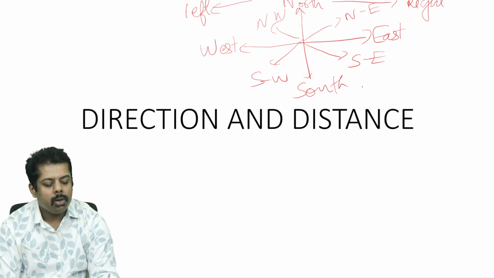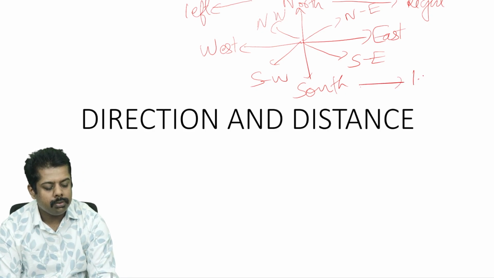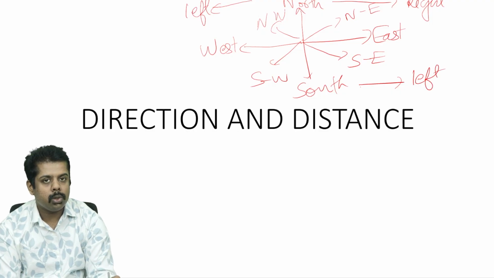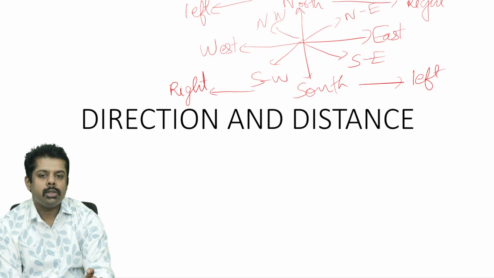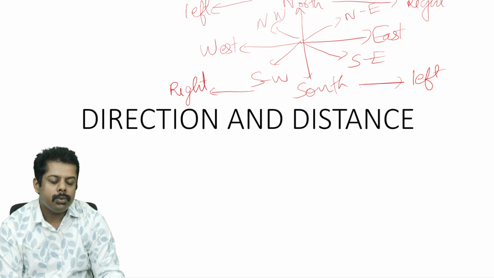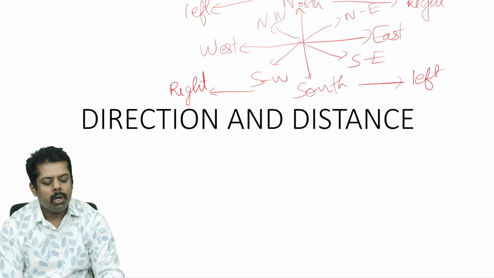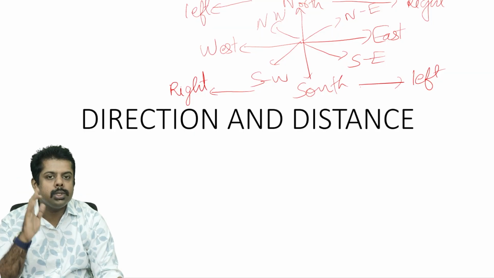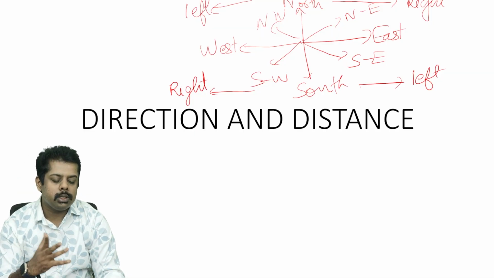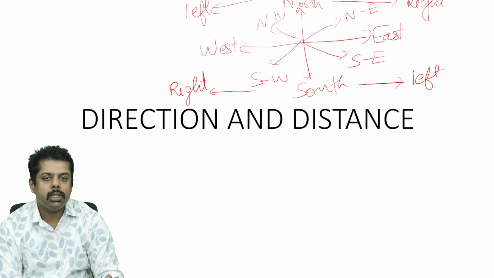Facing east, right is south and left is north. Facing west, right is north. That is the basic difference when we move to the north and south. All the other things are the basics: east, west, northeast, southeast. These won't change. Only the right and left would change.